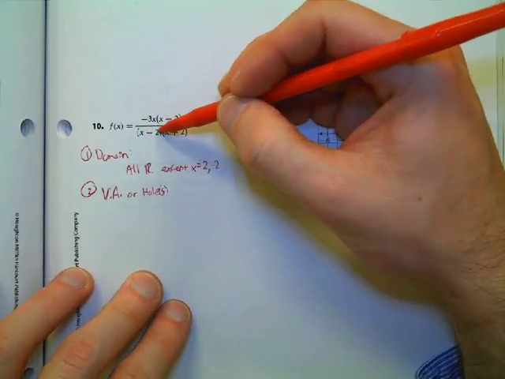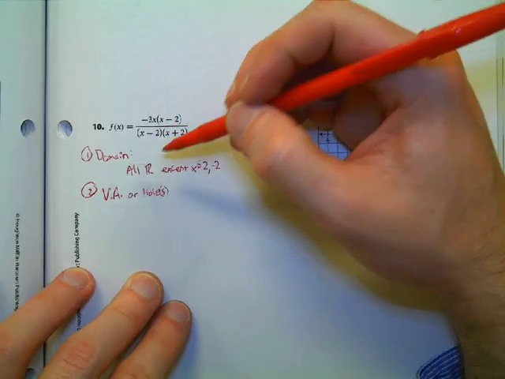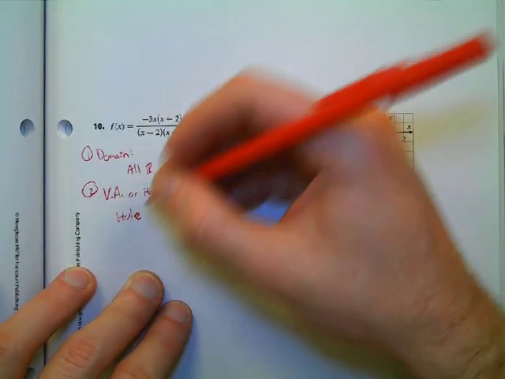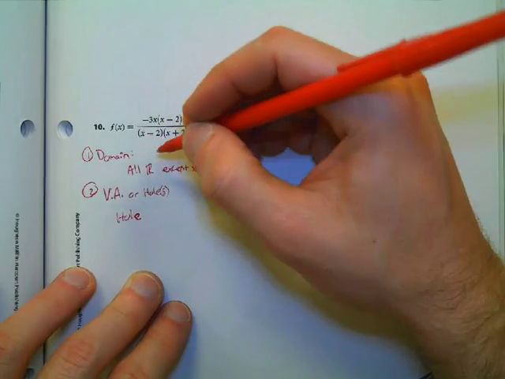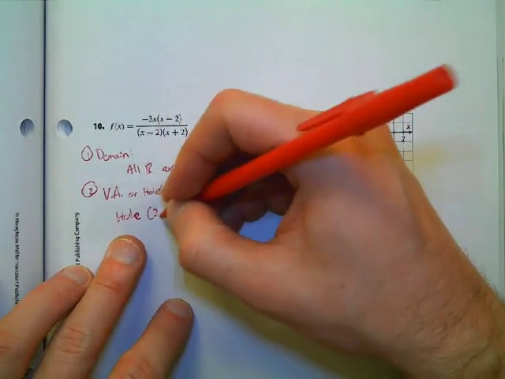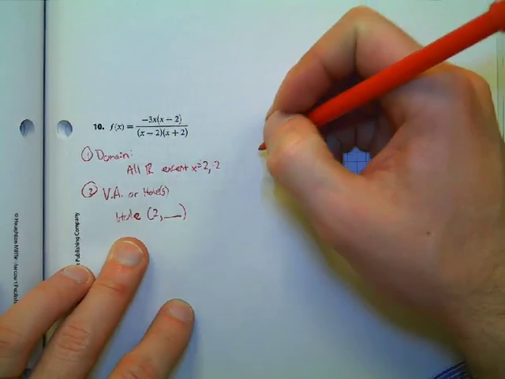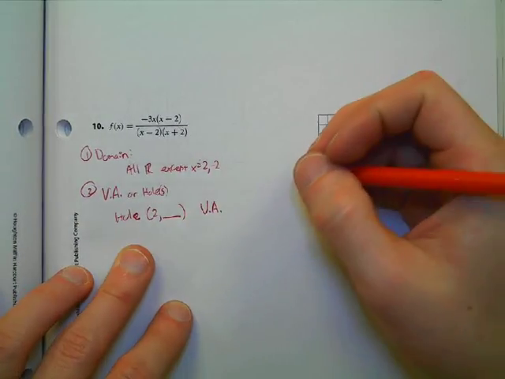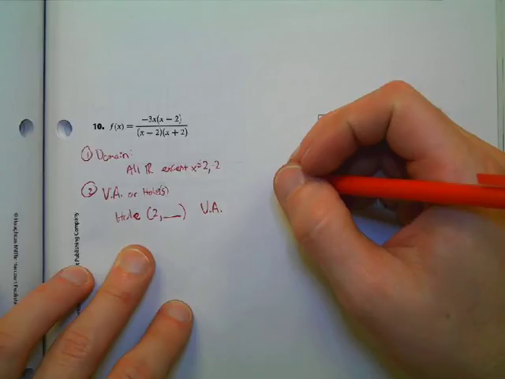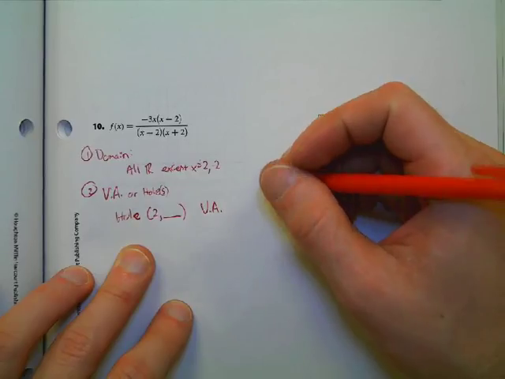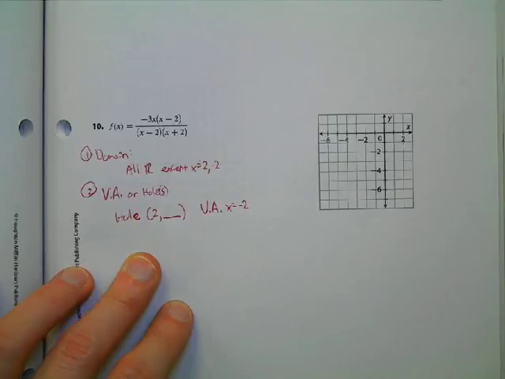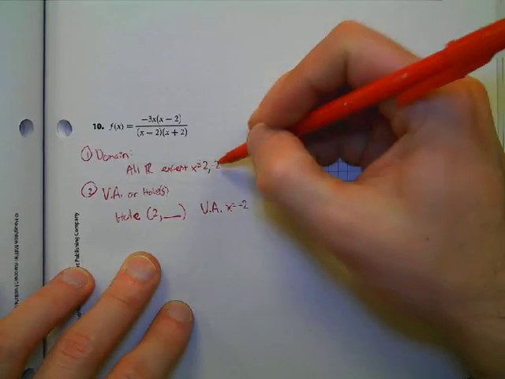Now, remember for the holes, we imagine canceling out those x minus 2, and that would leave negative 3x over x plus 2, and now we plug that 2 in. So it's going to be negative 6 over 4, or negative 3 halves. Okay, so there's our hole.